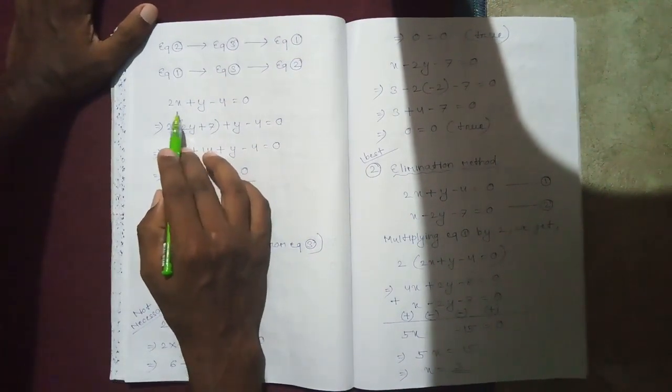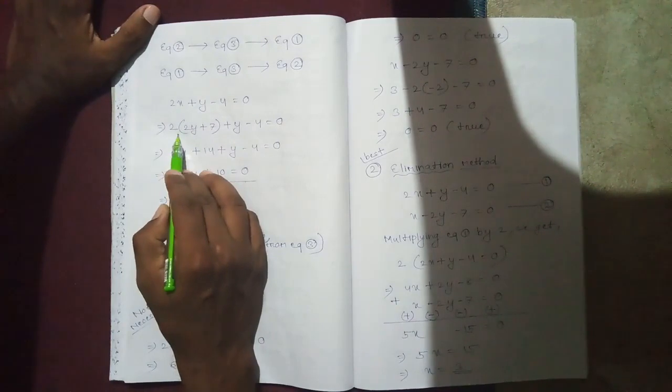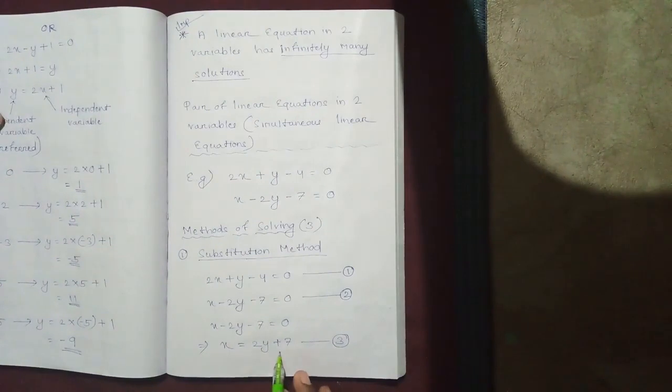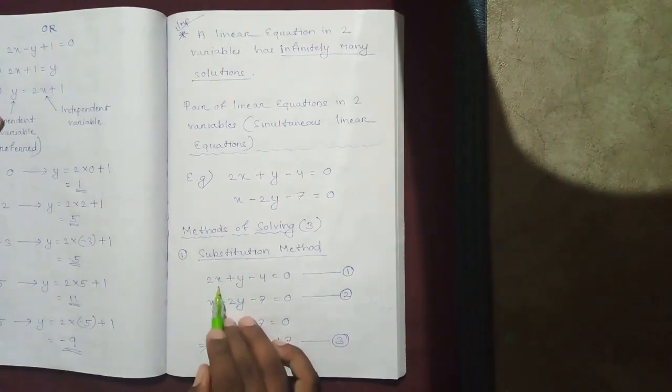So the first equation is 2x plus y minus 4 is equal to 0. Now 2 into, in place of x, put equation 3, because we had got x is equal to 2y plus 7 from equation 3. This value we will put in equation 1 here in place of x.